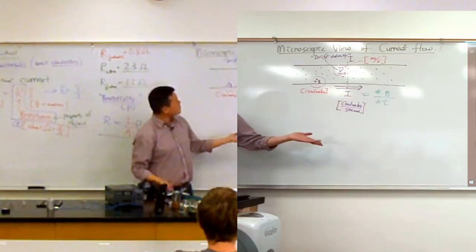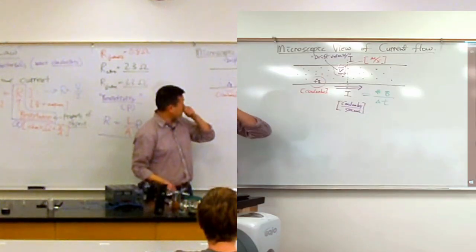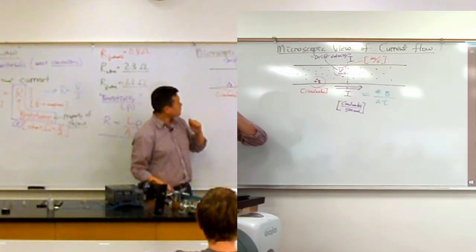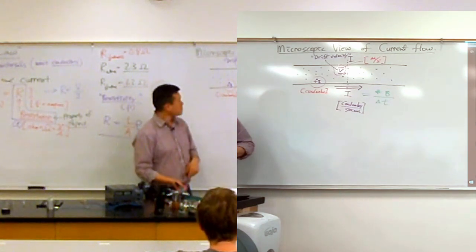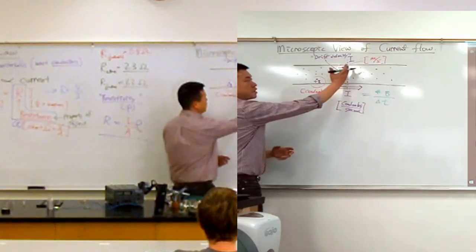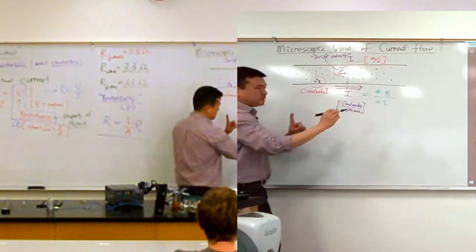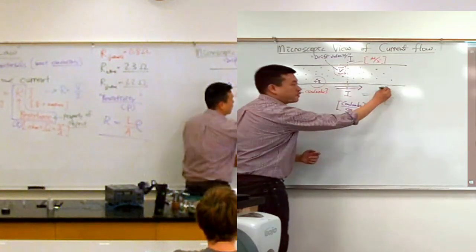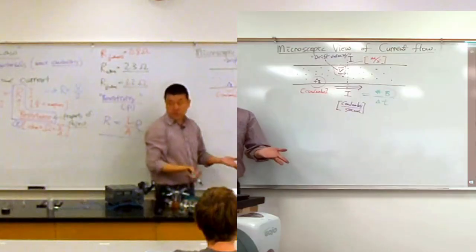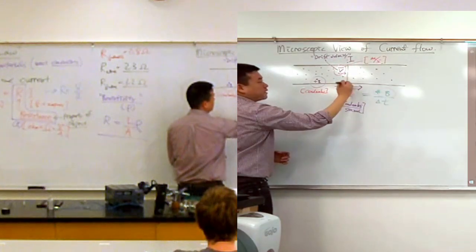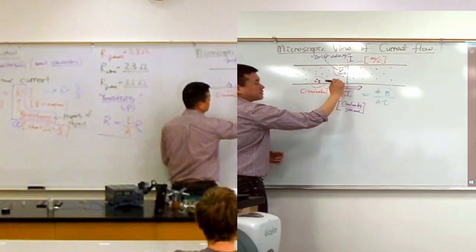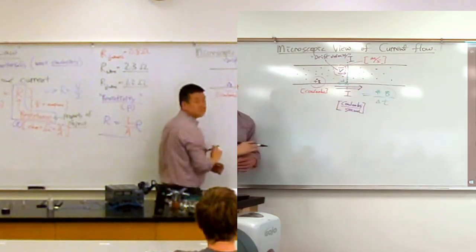And let's just say we look at some region. So I think this is one way I can count the number of charges that will cross the surface. So starting from here, I look back some distance, d.